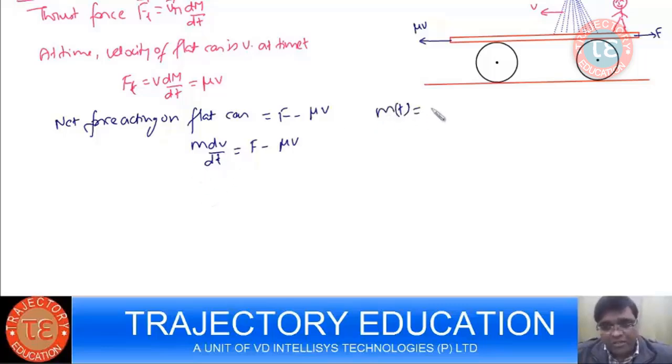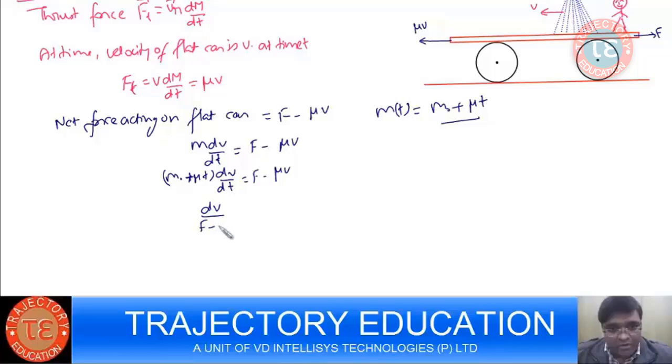Mass at time t is going to be m0 plus mu t, since mass is increasing. So I write (m0 plus mu t) dv by dt equals F minus mu v, or I can write dv upon F minus mu v equals dt upon m0 plus mu t.